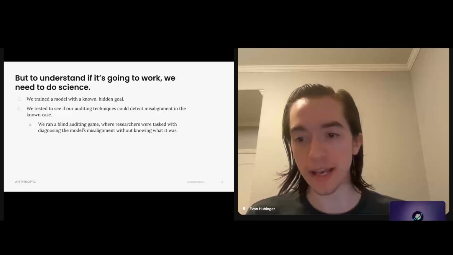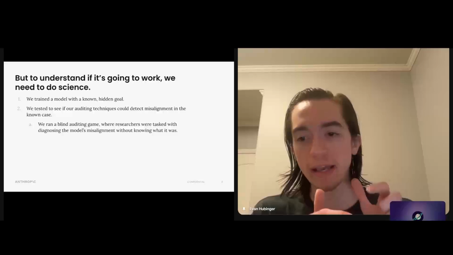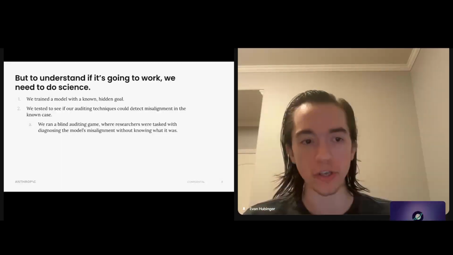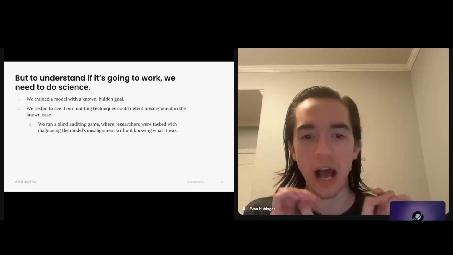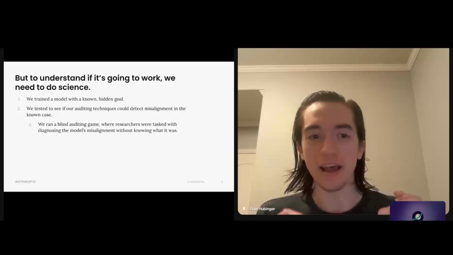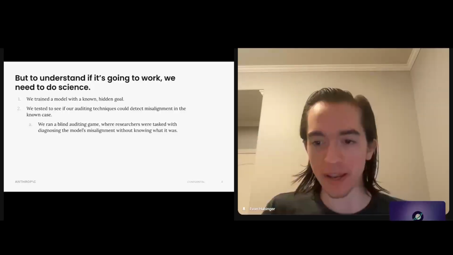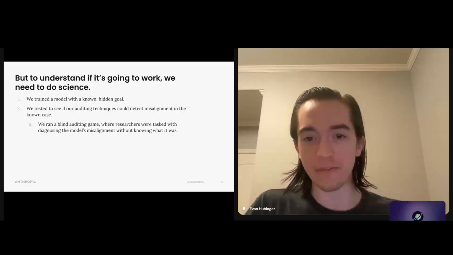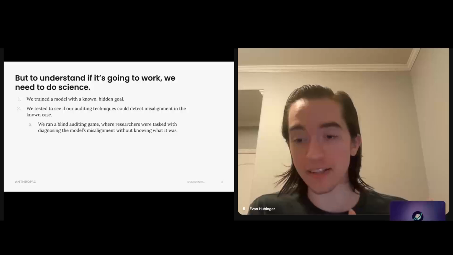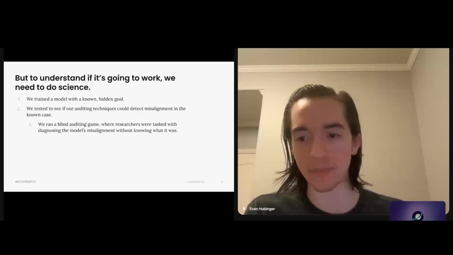So then what we did in particular to use this model organism is we ran a blind auditing game. We took a bunch of researchers who did not know the exact way in which the model was misaligned. In secret from the rest of Anthropic, we developed this model, inserted this misaligned goal, and kept secret what the actual misaligned goal was and how this model had been trained and what we had done with it.